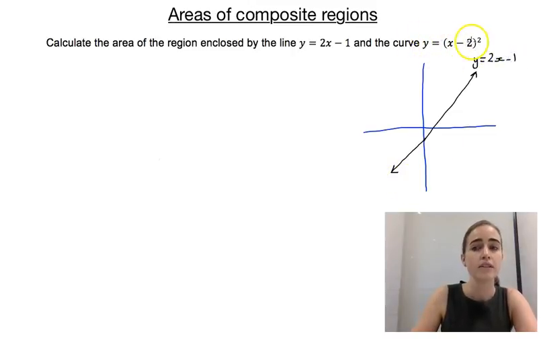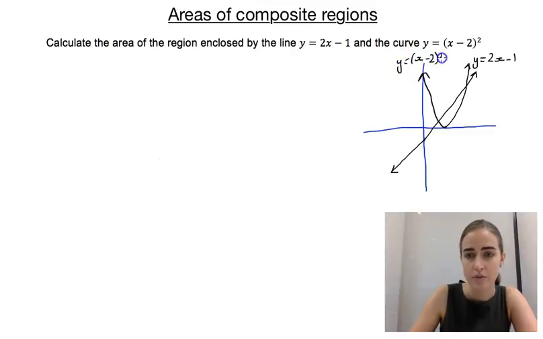The curve y equals x minus 2 squared is going to be a parabola with a vertex at that point 2 there. So we're going to draw our parabola in there. So that's y equals x minus 2 all squared.